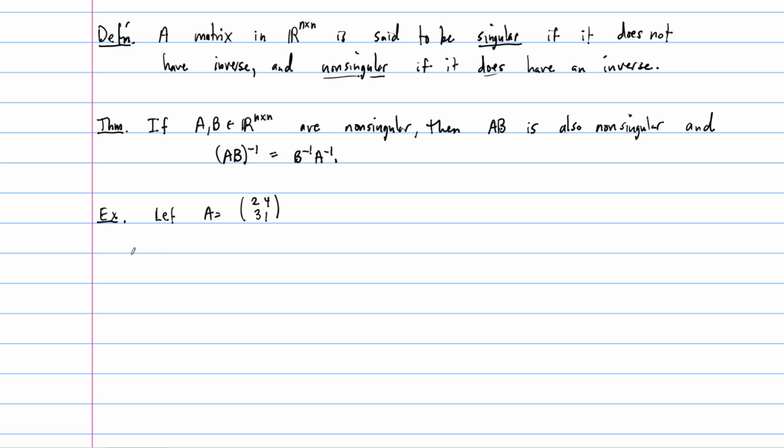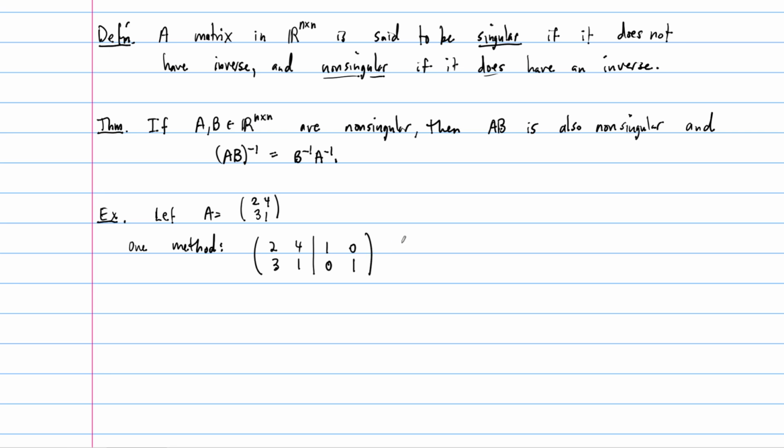So here's one method for doing this. One method for working this out is to use the augmented matrix approach that we had developed in the last lecture. You would just put your 2x2 square matrix on the left-hand side of an augmented matrix, and on the right-hand side you put the identity matrix.